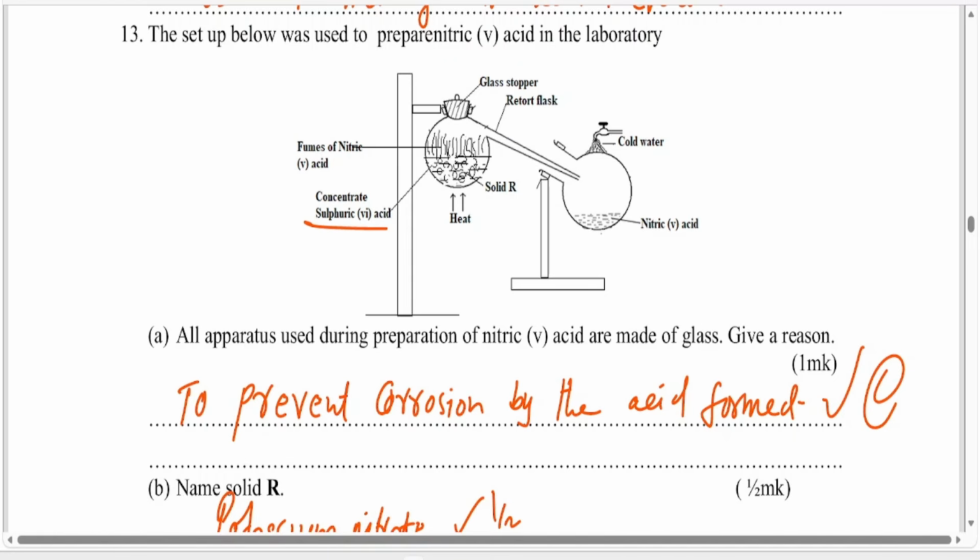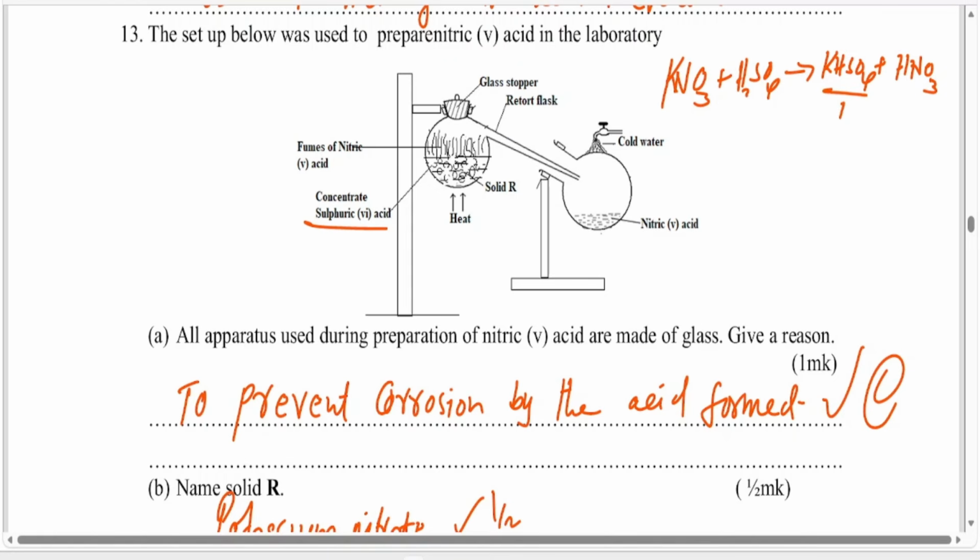And you also may get another question that says explain why an acid salt is formed, because when we are preparing this particular acid, we react potassium nitrate with sulfuric (VI) acid, and when we react this, we always obtain an acidic salt, which is potassium hydrogen sulfate. We also obtain the acid nitric (V) acid.